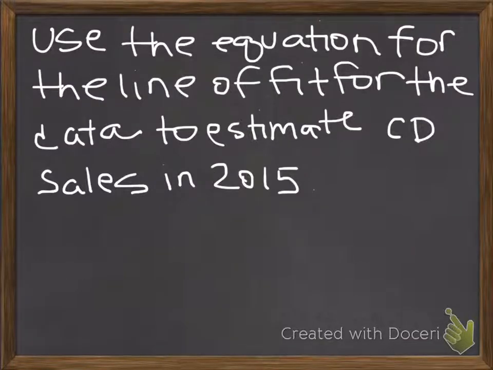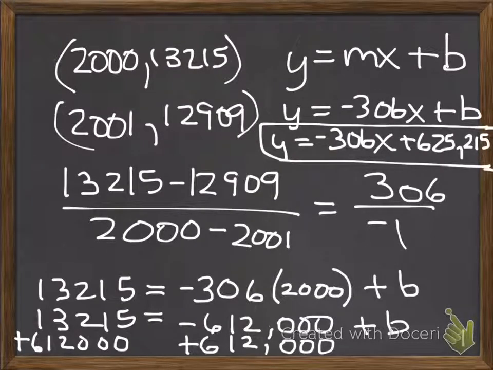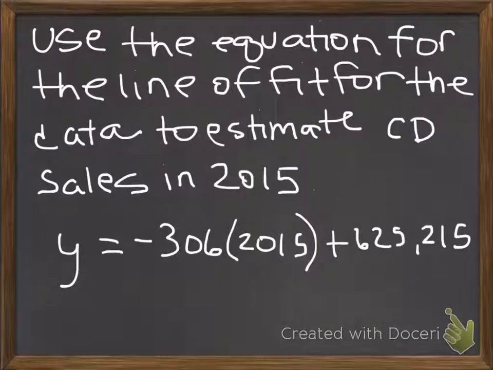Now it says use the equation for the line of fit to estimate CD sales in 2015. Well, the years represent x, so we're going to put in 2015 for x. So we're plugging this in, and then we're solving for y.